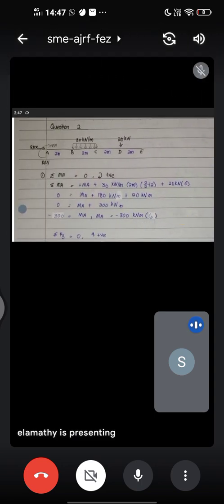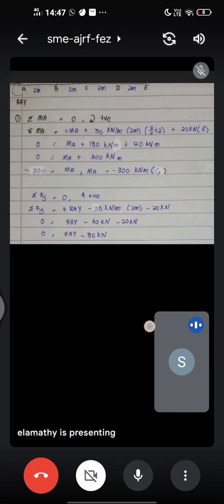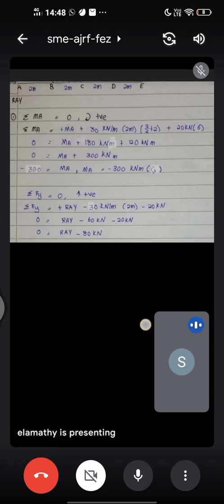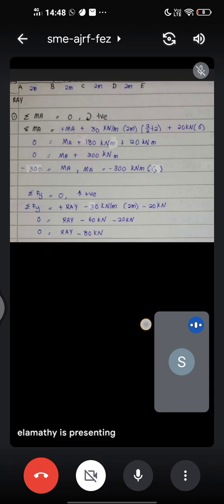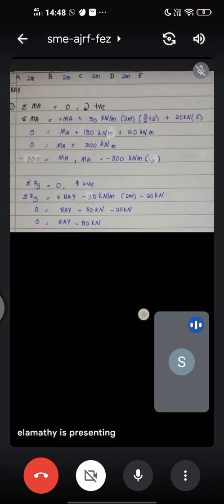Now we'll go to question 2. This will be the diagram. The first step will be the sum of moments at A equals 0. So MA plus 30 kNm, bracket 2m close bracket, plus 2 over 2 plus 2 close bracket, plus 20 kN open bracket 6.